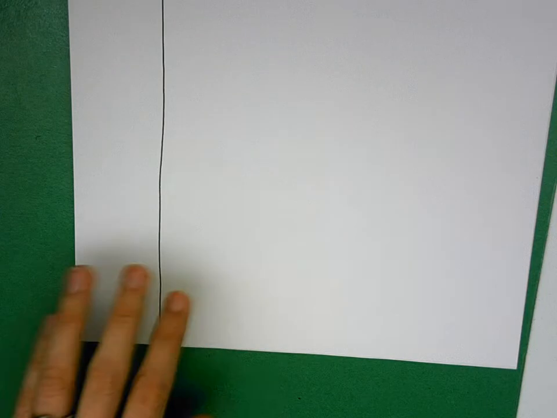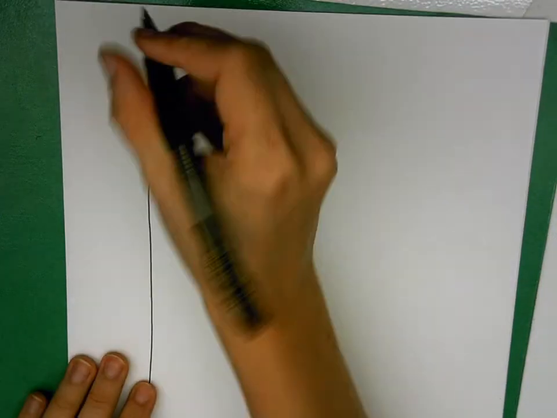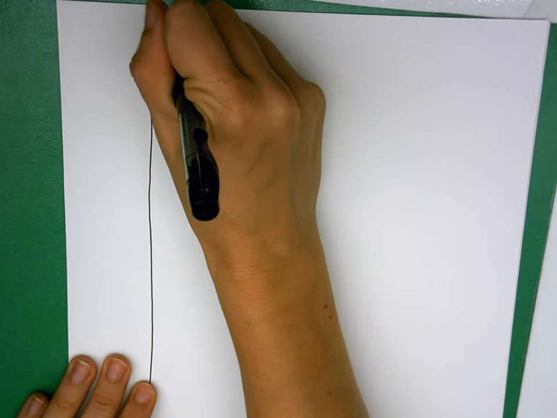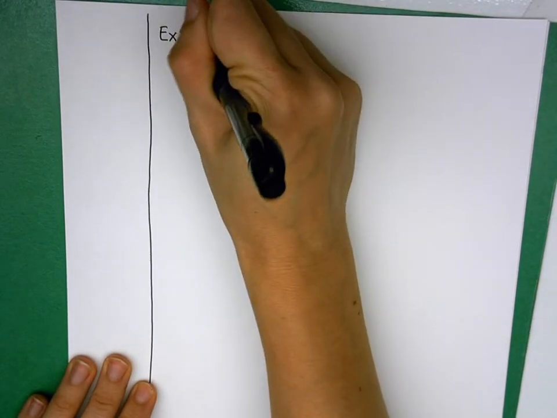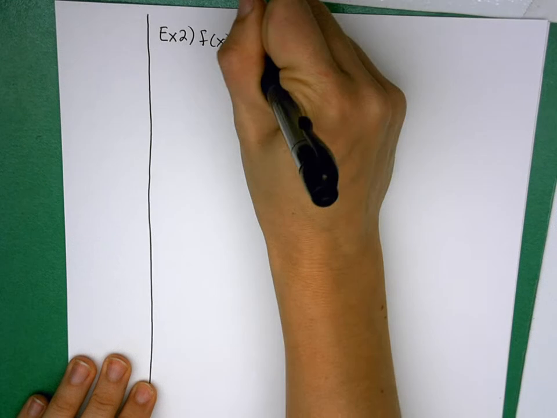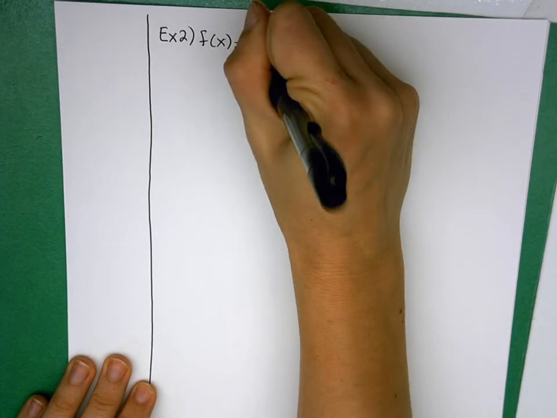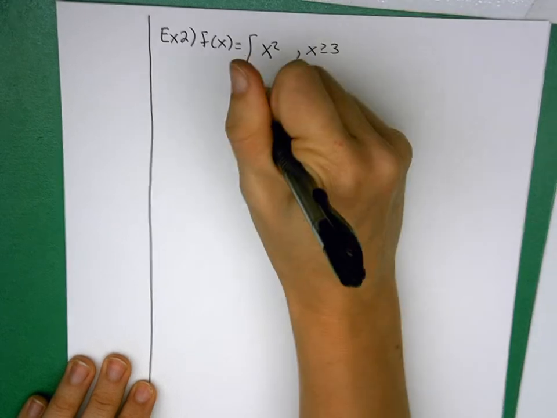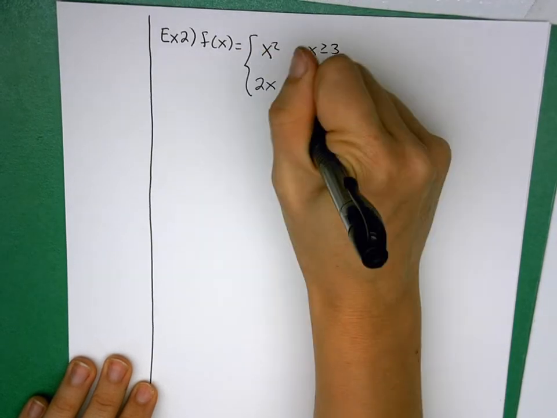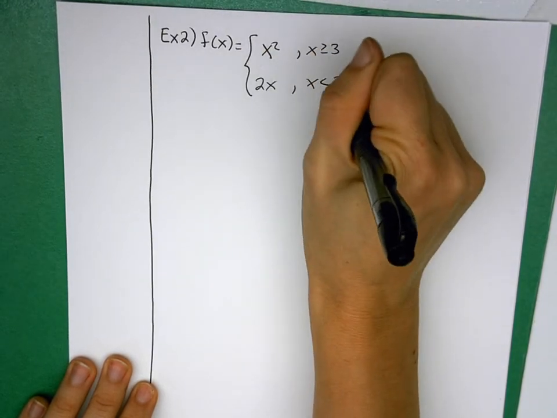Okay, second place we want to check is related to both of these examples. So the first example is f of x equals, and it's a piecewise, x squared when x is greater than or equal to 3, and 2x when x is less than 3.